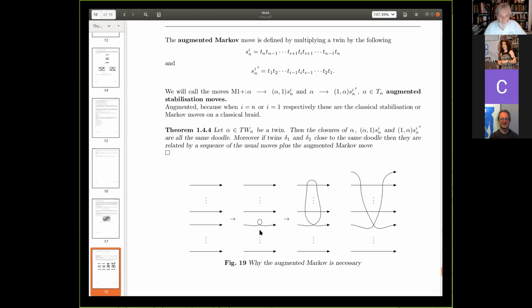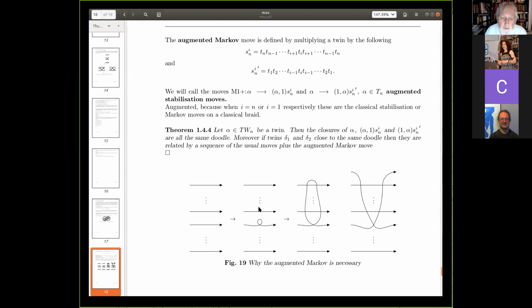And what you normally do with a normal theory, you push this little disc, this little monogon, all the way out to here, and then it becomes a Markov move, okay? But you can't do that with doodles because you're not allowed to do an R3 move, you see.